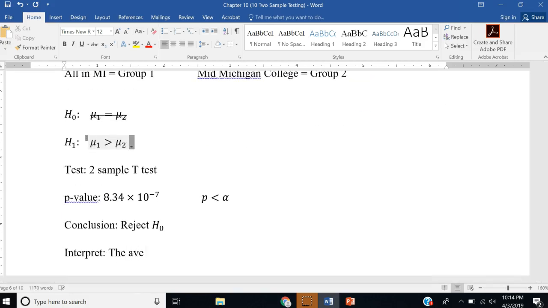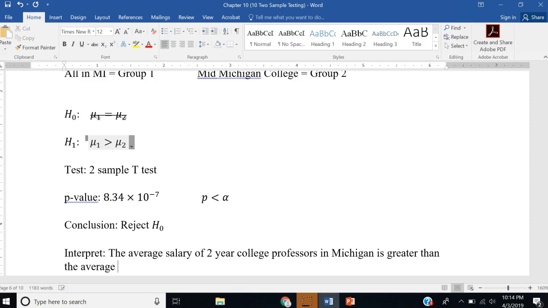So the average salary of professors, I should say two-year college professors, in the state of Michigan.